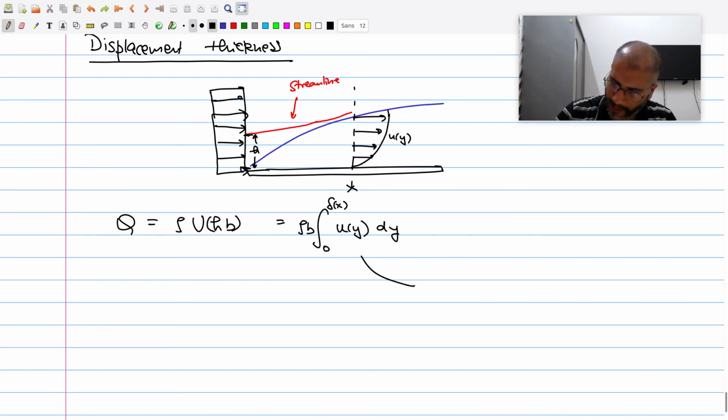So let's look at this integral. This is simply an integral of this profile, okay, from 0 to delta. So this is delta.